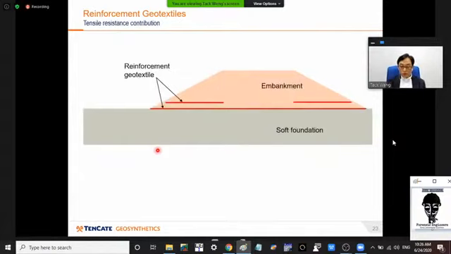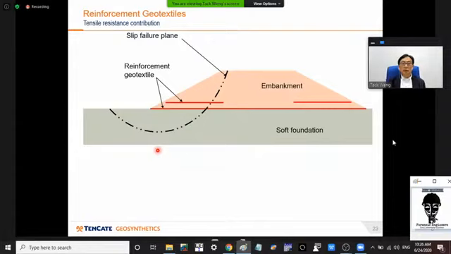I would also like to point out that while the design strength of the reinforcement is an important factor to consider, if short lengths are used, then there is another factor that you have to consider.